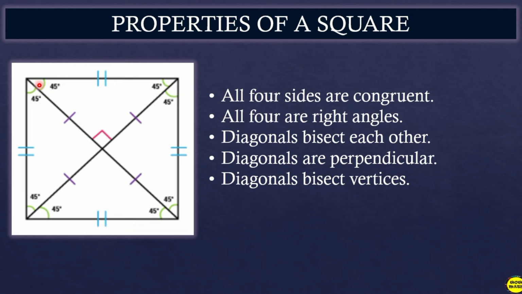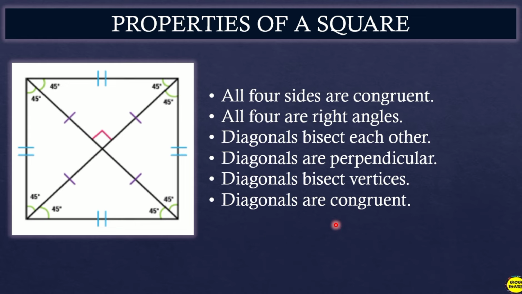Kasi di ba sabi ko kanina, all four are right angles, so yung buong sukat nito, 90 degrees. Since diagonals bisect vertices, hinahati niya yung angle nito into two equal angles. Kung 90 ito, tig-45 degrees sila. Ganun din dito sa kabila, 45 degrees, 45 degrees din. Ganun din dito, 45 degrees. At kasama rin ito.